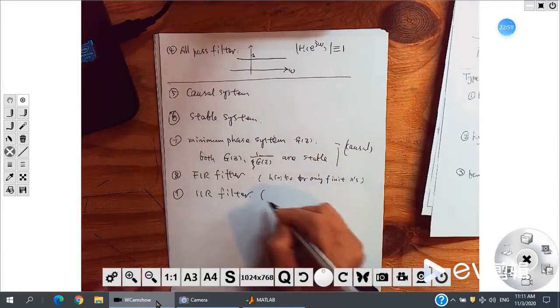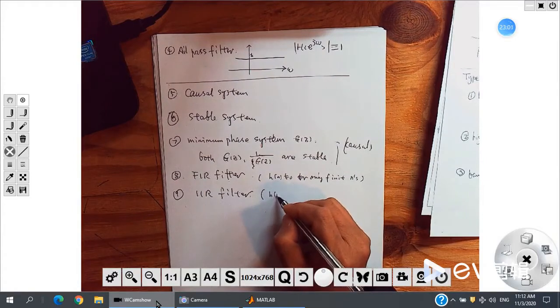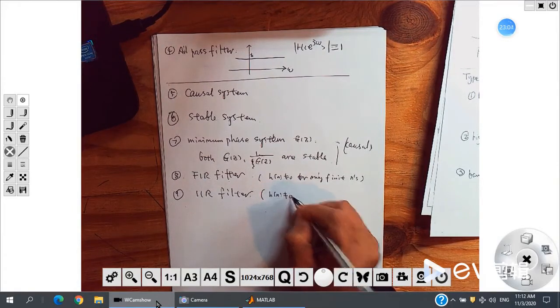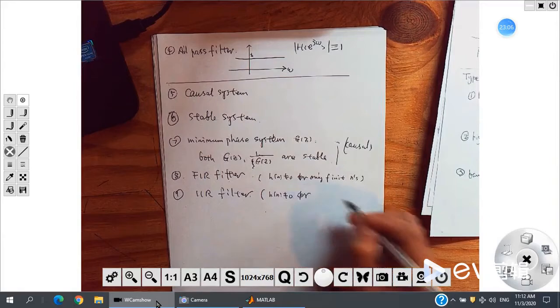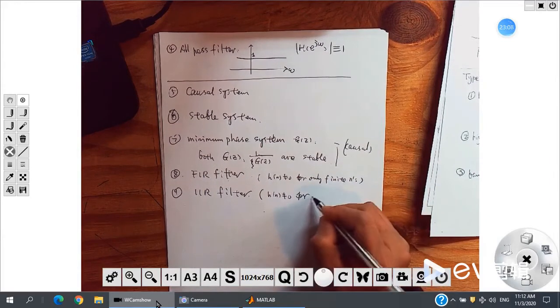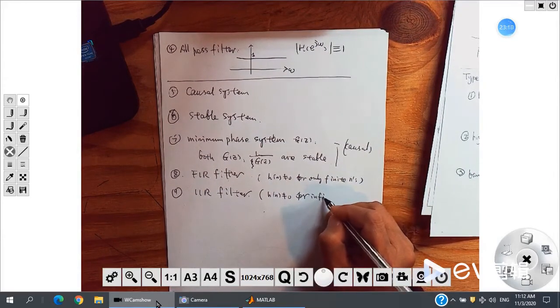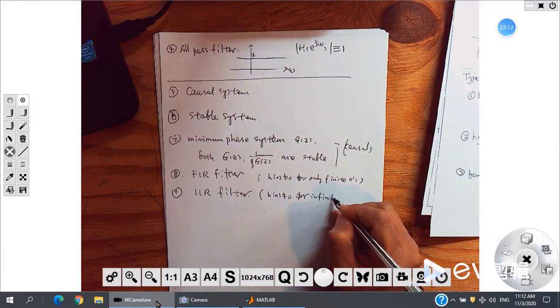And IIR means h(n) does not equal 0 for infinite n.